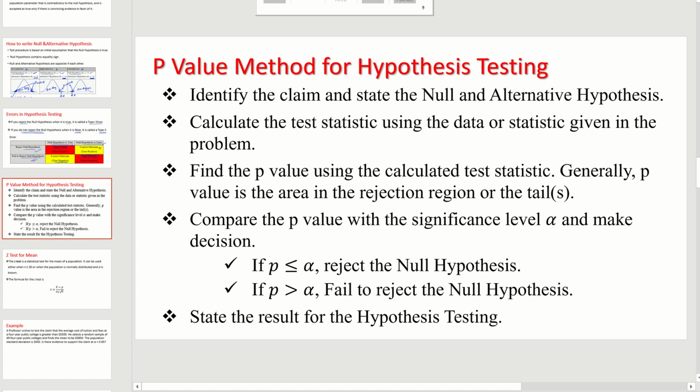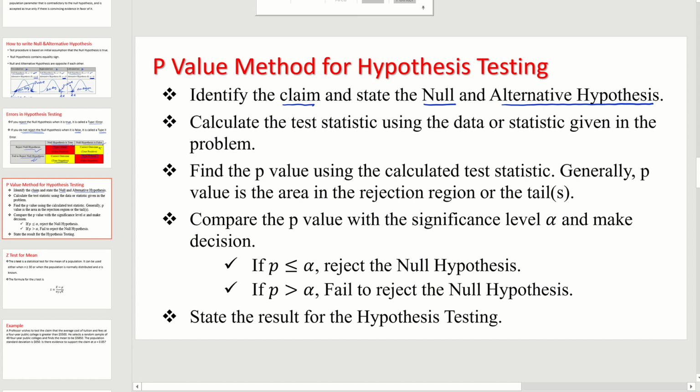Now, the last thing that we want to go over in this introductory video is what is the p-value method for hypothesis testing? How do we do this? So what we do is, by reading the problem, first we identify the claim. What is the claim? And we state the null and the alternative hypothesis.